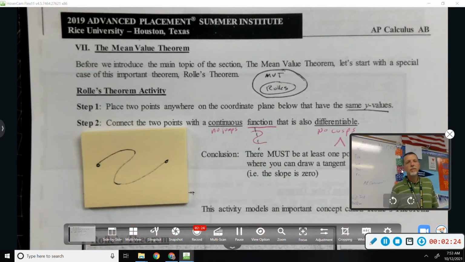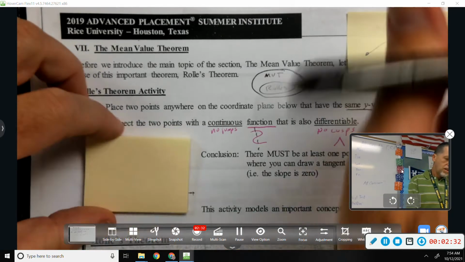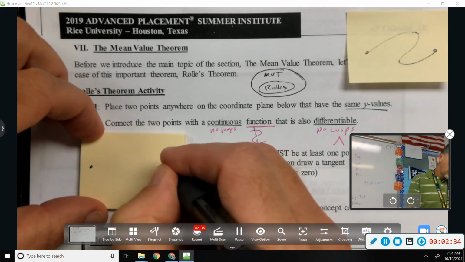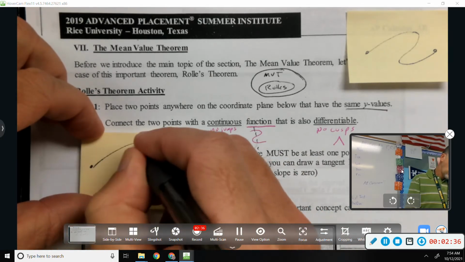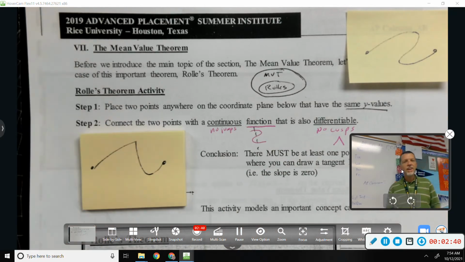Would that qualify? Why not? It's not a function. Would that qualify? Why does that not qualify? There's a cusp.